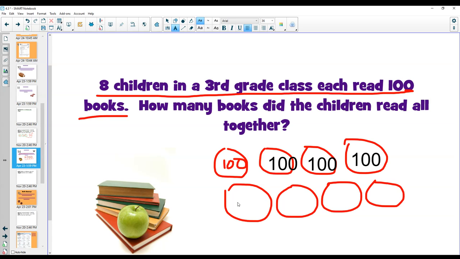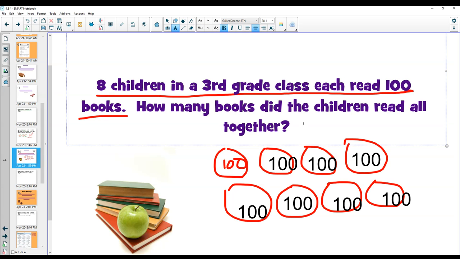Well, this is no longer dividing, is it, friends? This is an example of, yes, you got it. This is multiplying 8 times 100. So what is it? 1, 2, 3, 4, 5, 6, 7, 8. They all read together 800 books. So our answer would be 800 books.